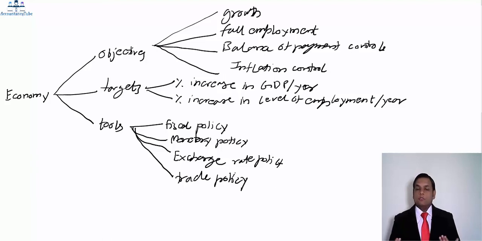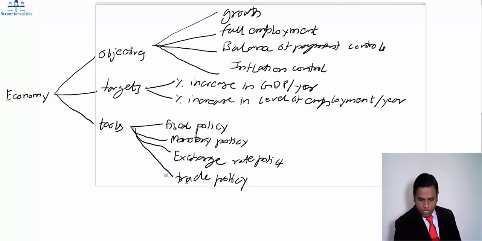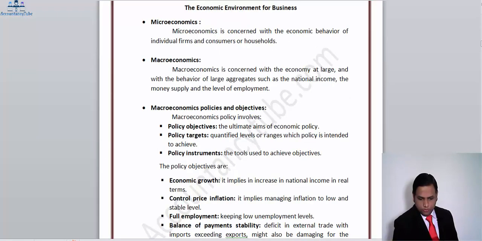Now these are the things through which a government influences an economy. If we come back to our notes, you will see that we have covered these areas so far in the chart format.